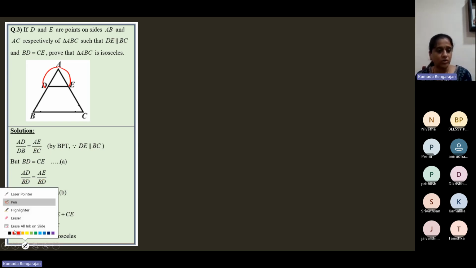So say I've substituted here. Instead of EC, I've written BD. Can we see that? So it gets cancelled on both the sides, and you have AD equals AE. Now, I told you, when you have two equations, you can add, subtract, multiply, divide.